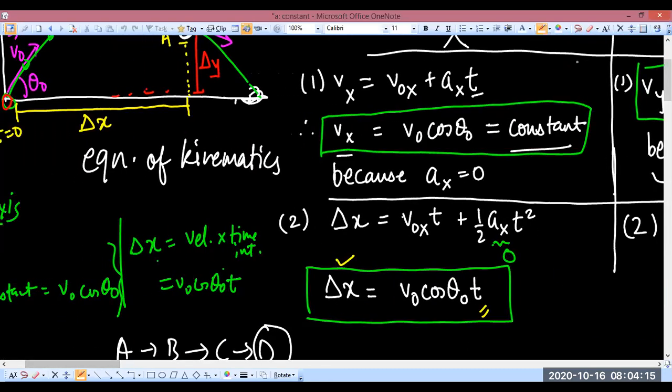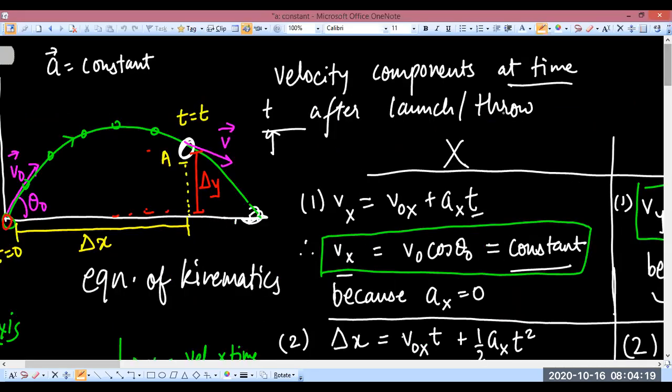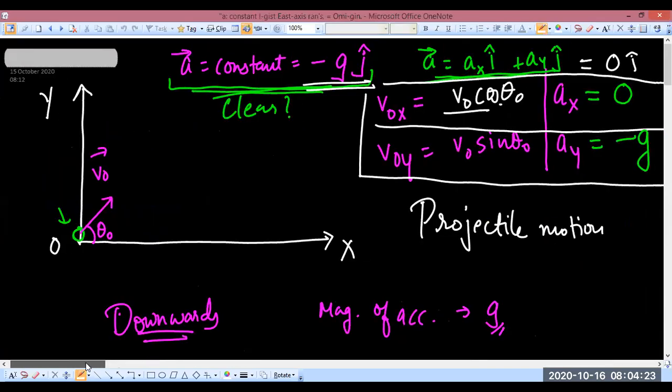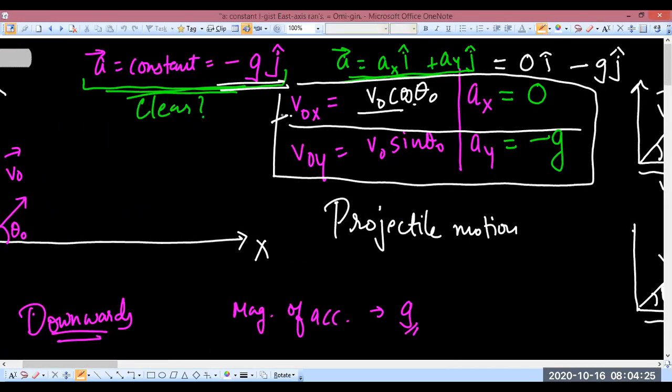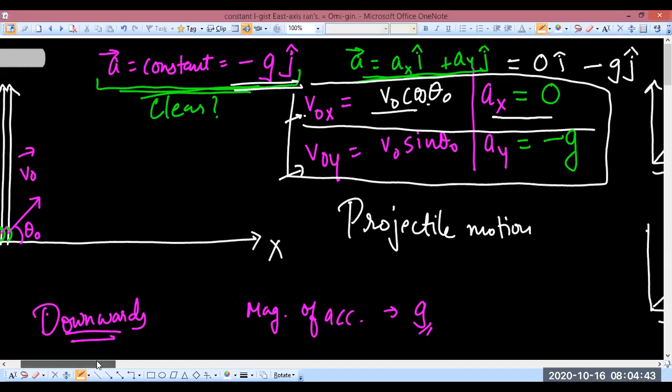And again, all of this was based on the basic table: the x component of initial velocity is v0 cos theta 0 and the y component of initial velocity is v0 sin theta 0, and the x component of acceleration is 0 and the y component of acceleration is g downwards, right?